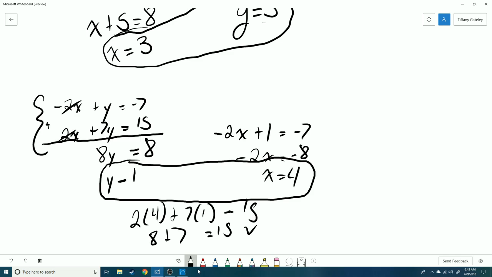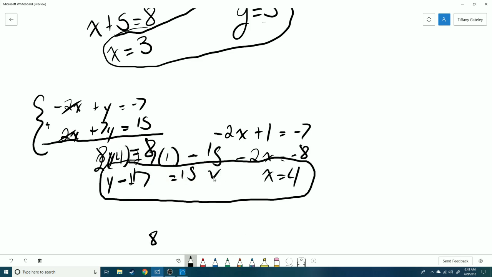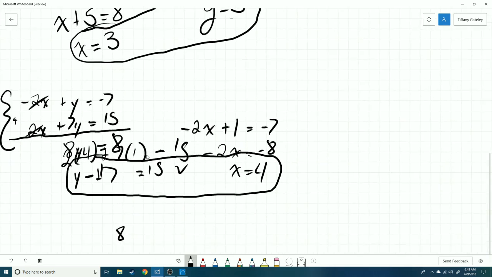Okay, so the next example we're going to do is a bit harder because this one isn't a linear system. It is a parabola.